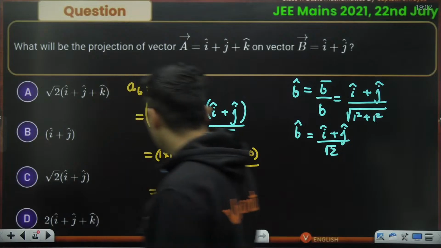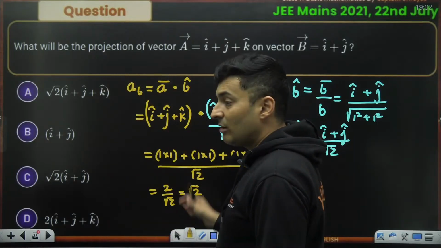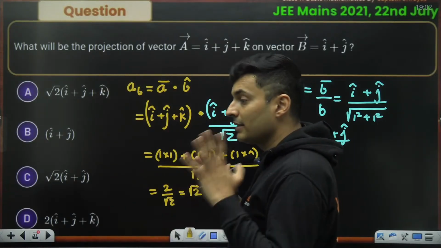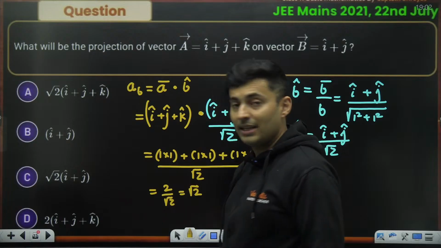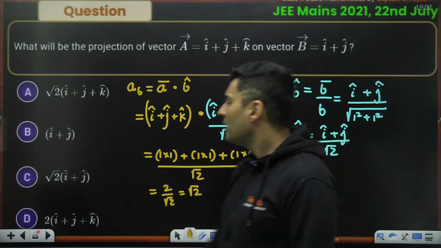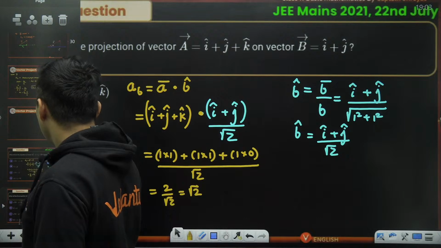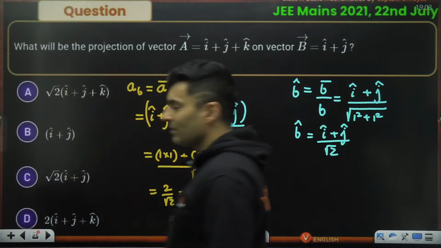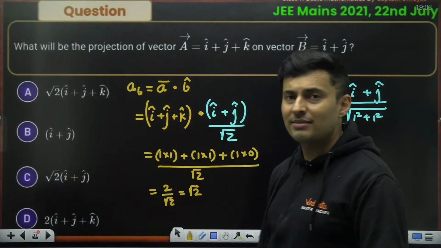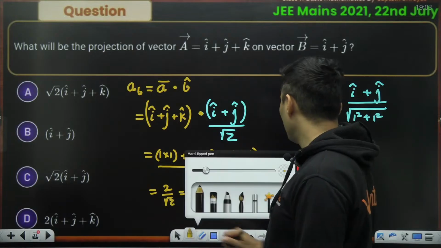Okay. But the problem is they have not just asked the length, but they have asked the vector itself. If you are a little bit smart also, you can quickly eliminate the options from here and see which of these vectors has magnitude of root 2.